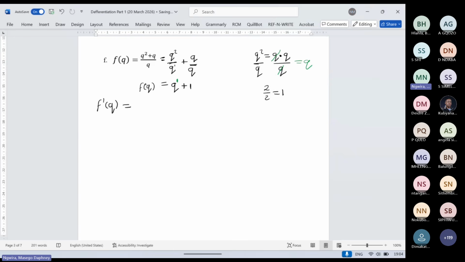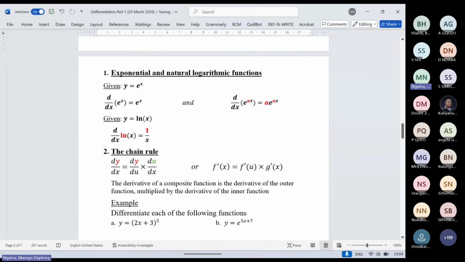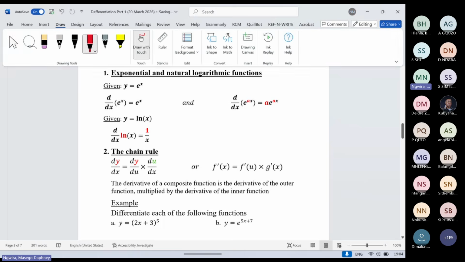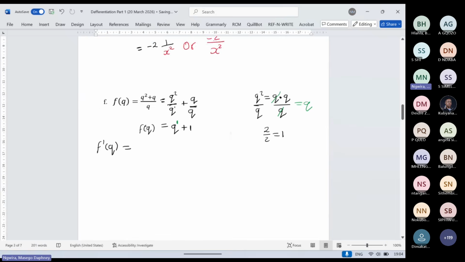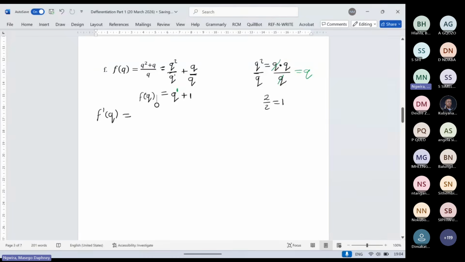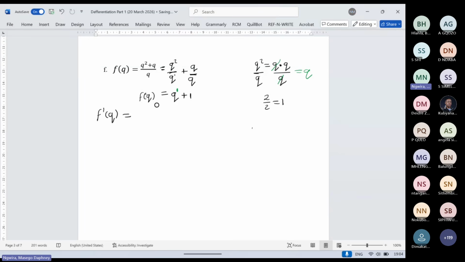So we're going to take that 1 and multiply. Don't forget the rules. The rule I'm going to write here again: x to the power of n, when you differentiate, is n x to the power of n minus 1.